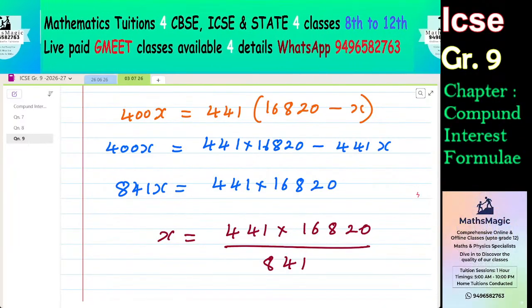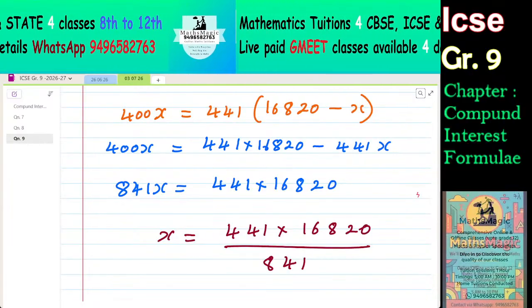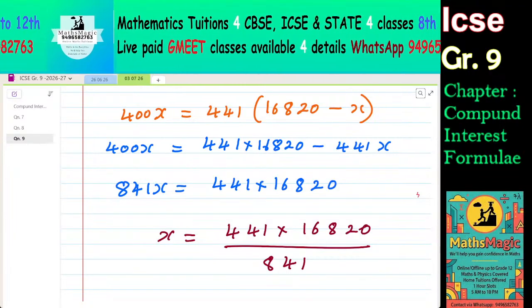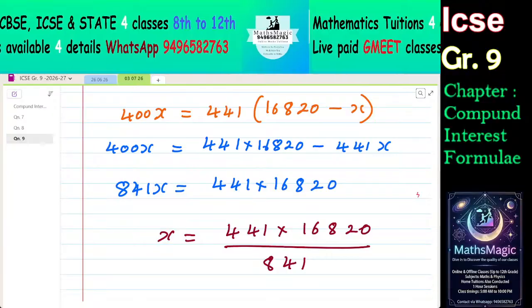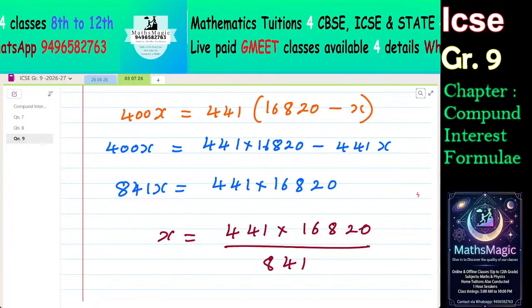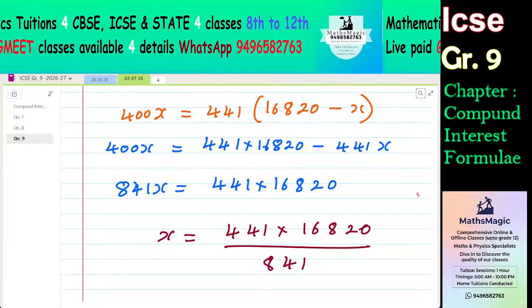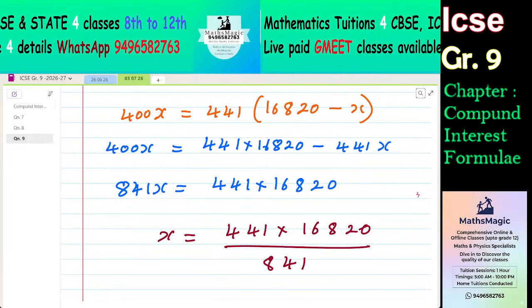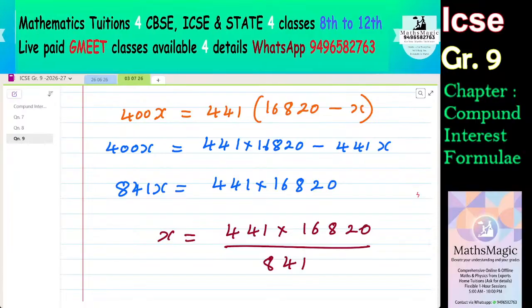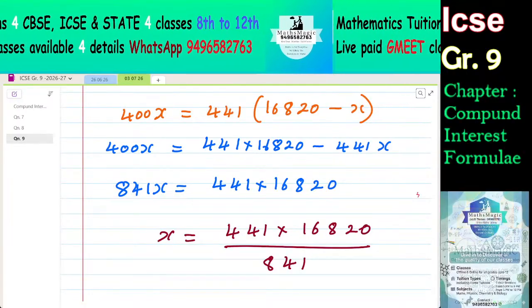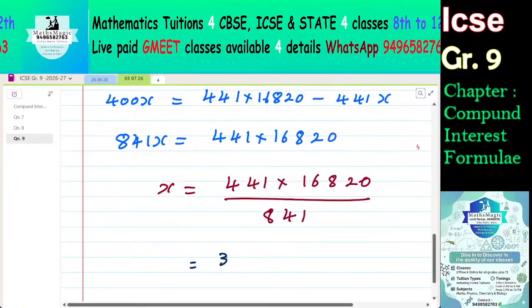Yes, very good. 441 is 3 squared into 7 squared.